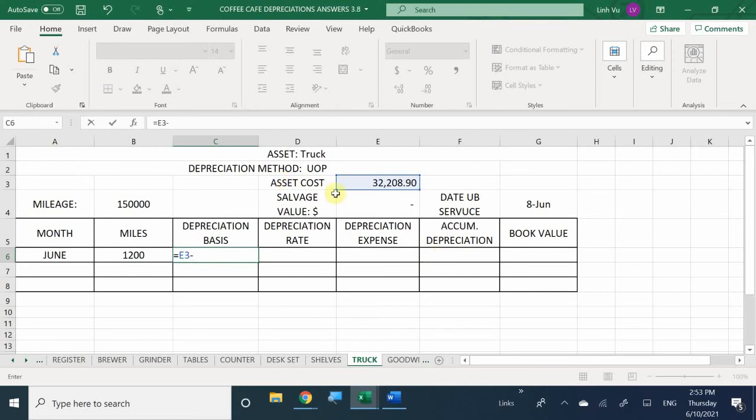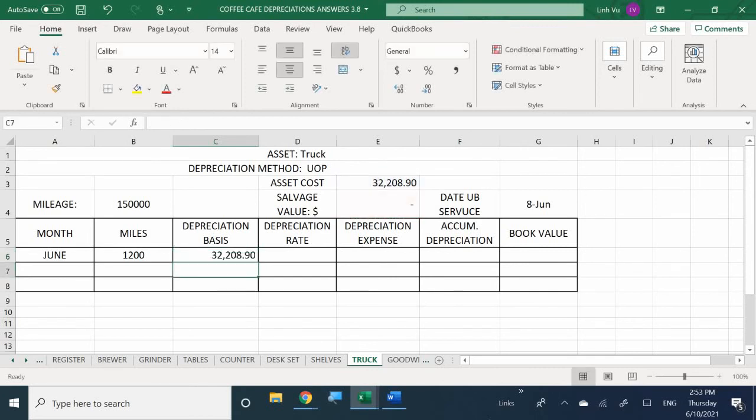So in this case, what is 32,208.90 minus 0? 32,208.90. Good. So that's how much I can depreciate this asset for in total: $32,208 and 90 cents.